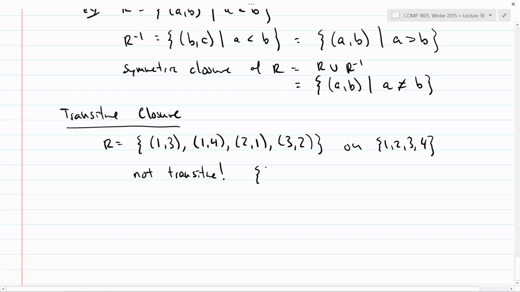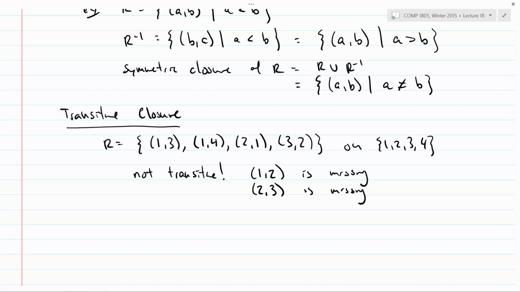Okay, so, whoops. So 1, 2 is missing. Is there anything else missing? Yeah? 2, 3 is missing. Right, because we have 2, 1, 1, 3, but there's no 2, 3. Is there anything else missing? 3, 1. So where would we get 3, 1?